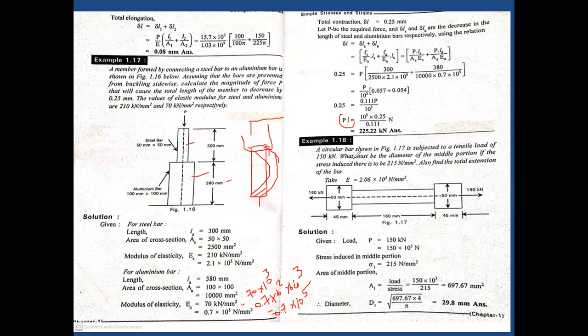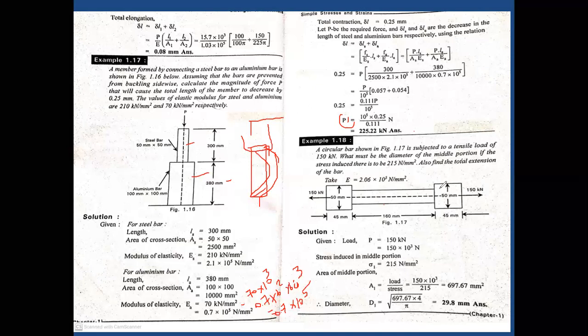So the circular bar is as shown in the figure. It has the same cross section at both the edges, and in between these two edges is the middle portion. The 150 kilonewtons acts in both directions as a tensile load, not compressive.